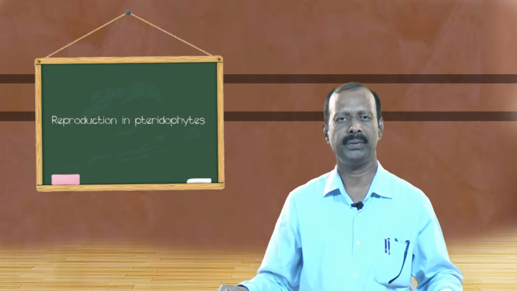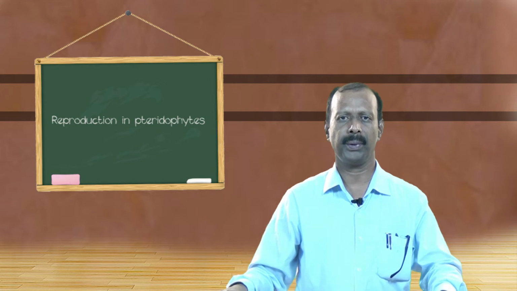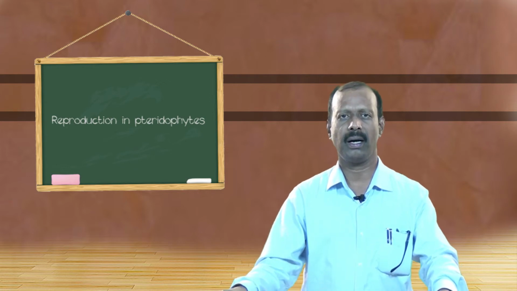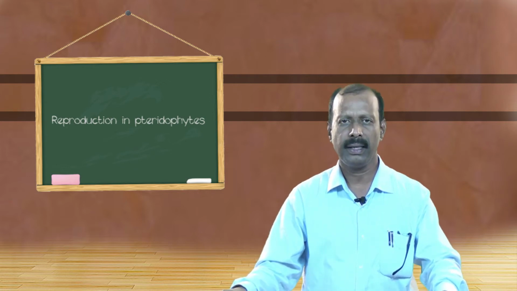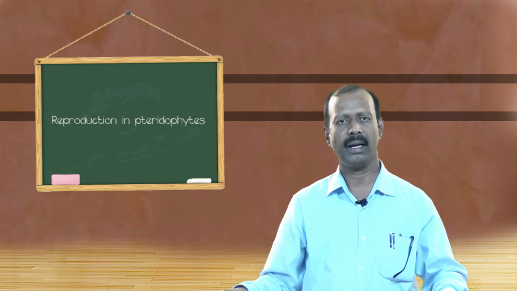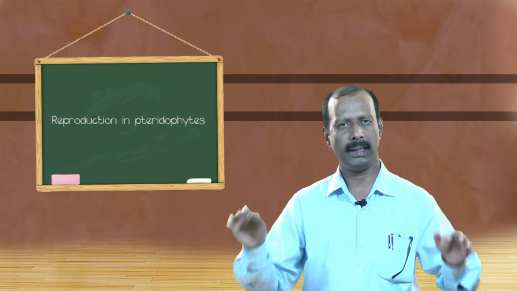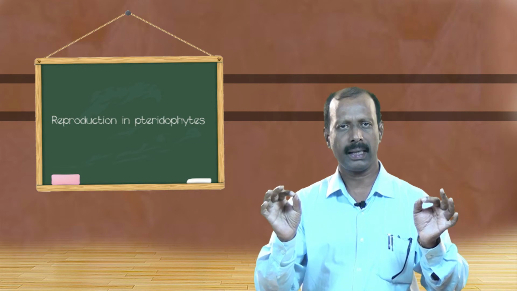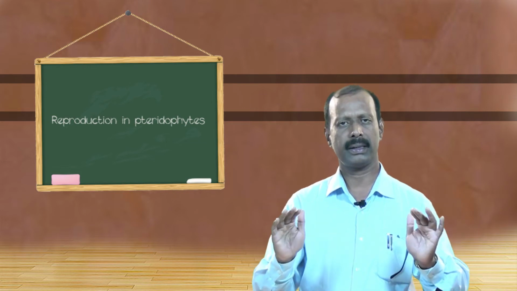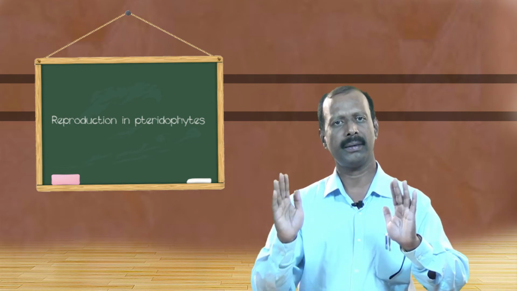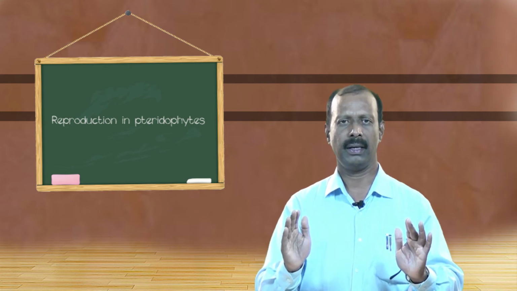Gradually, the gametophyte produces the reproductive structures called antheridia and archegonia. Antheridia are the male sex organs, whereas archegonia are the female sex organs.